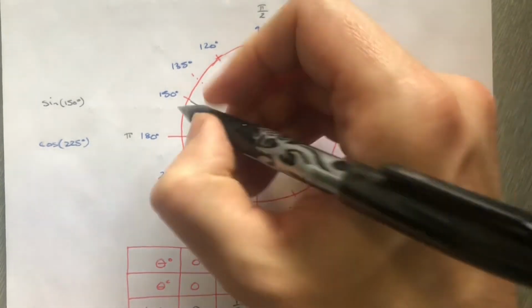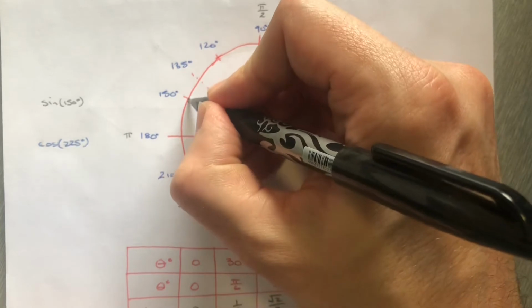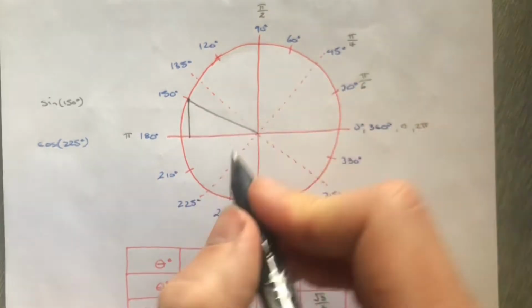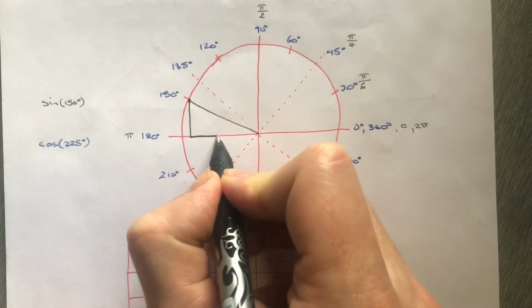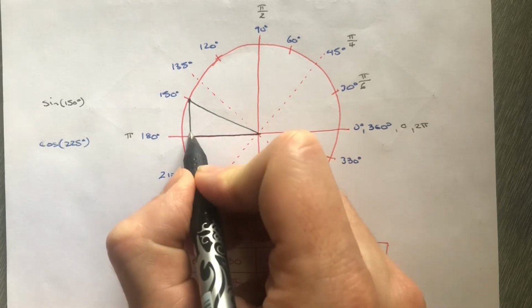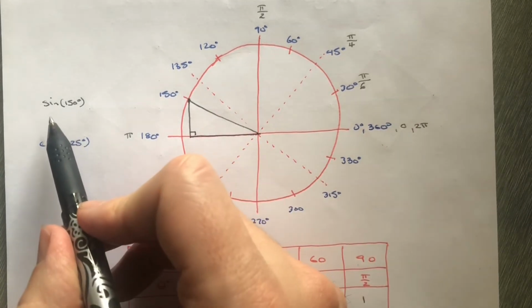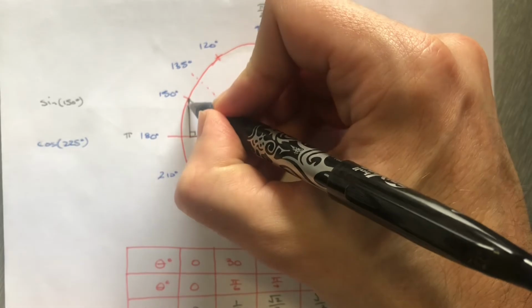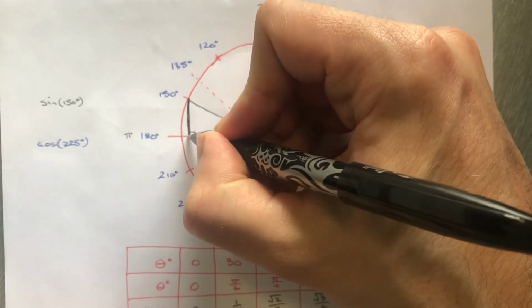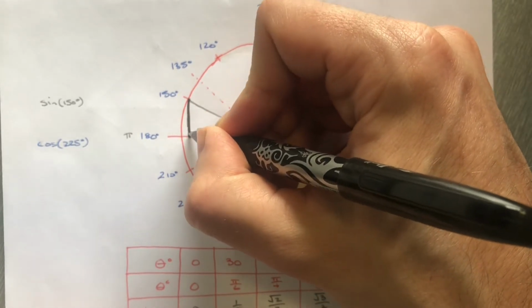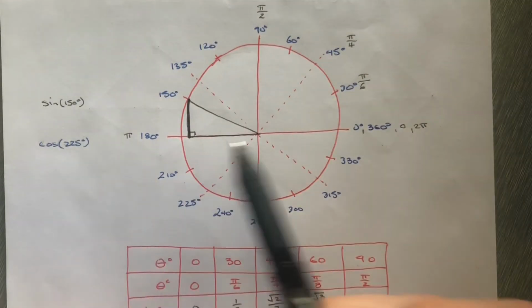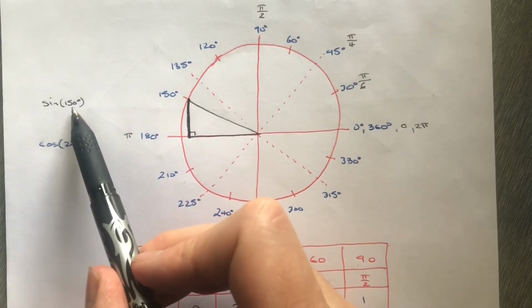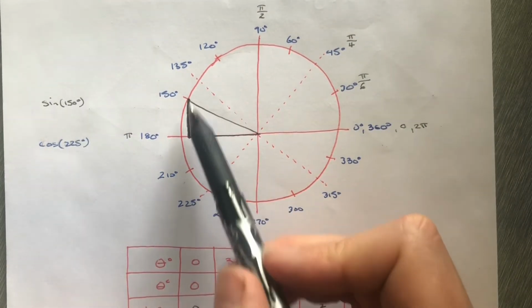So there's our angle. But remember, we want that vertical part and we want that horizontal part as well. Now sine, hopefully you remember, is the vertical part of your triangle. So this bit here, this is what we're focusing on. So we want that vertical part of the triangle made at 150 degrees. So it's that bit there.